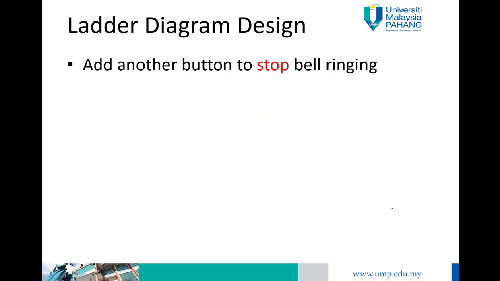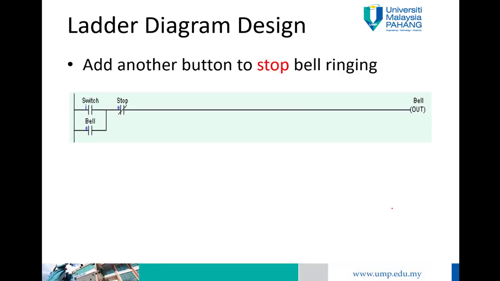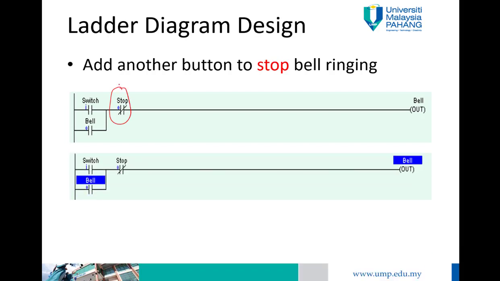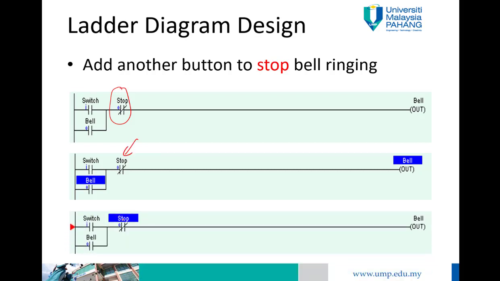Add another button to stop the bell ringing. In this circuit there is no off contact or off button, right? So here we add one stop contact. When the bell is continuously ringing and we actuate the stop button, the line will be disconnected.